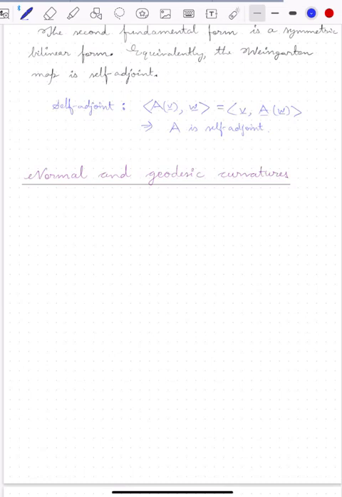So which means that we can also look at how much a surface curves by looking at the curvature of curves on the surface.